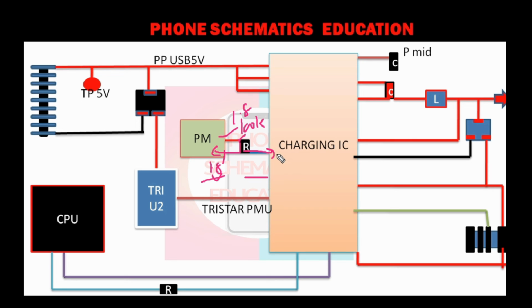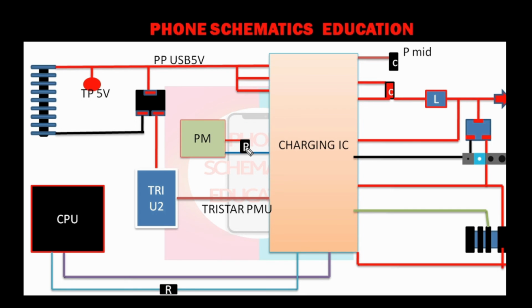When you connect the charger, through a MOSFET internally the charging IC grounds this pin for some time, then the power IC senses the 1.8 volt become 0, logic high to logic low, right? And the power IC senses the charging connected. Clear? I hope you get my point.